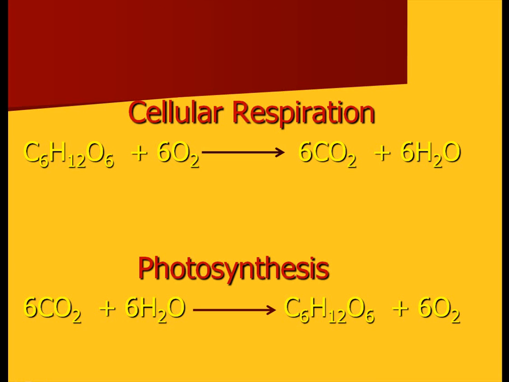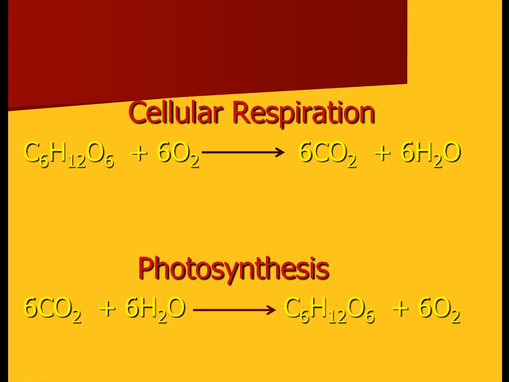If we look at the overall formulas for respiration and photosynthesis, we can see that they are almost exact opposites of each other. Cellular respiration takes glucose and oxygen and breaks it down into simple carbon dioxide and water molecules, whereas photosynthesis takes these simple carbon dioxide and water molecules and builds more complex glucose molecules and releases oxygen as a byproduct.